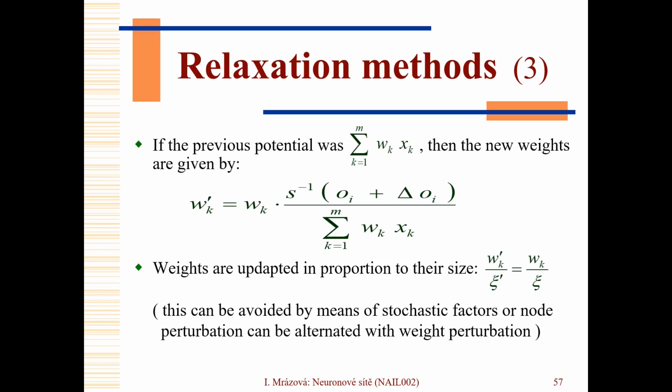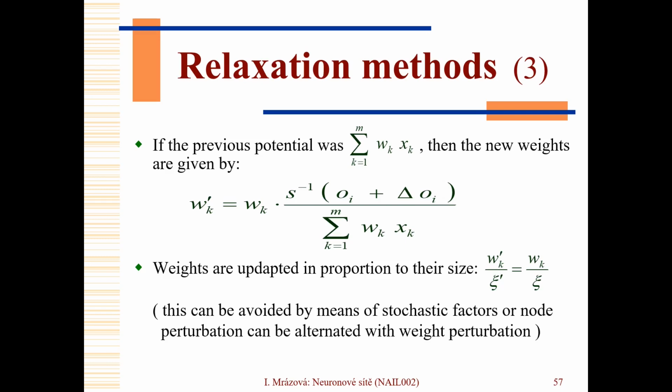We would get the new weights Wk prime as Wk times the inverse sigmoidal function for Oi plus delta Oi, divided by the potential, the sum of Wk Xk.